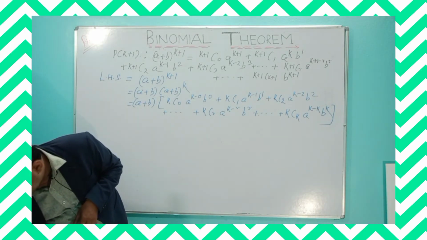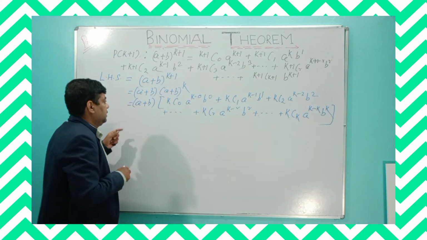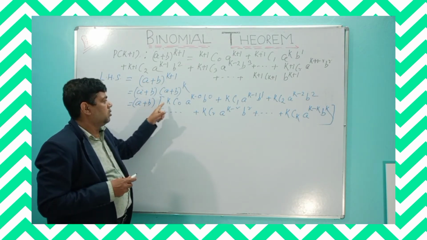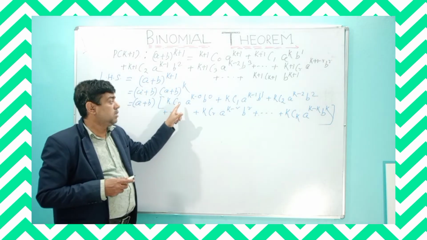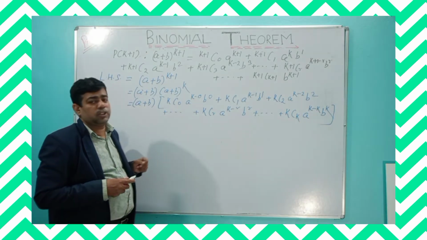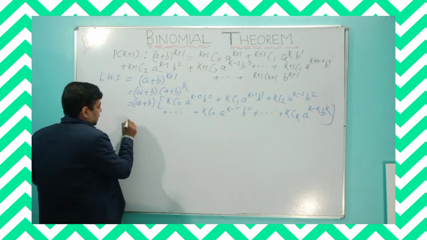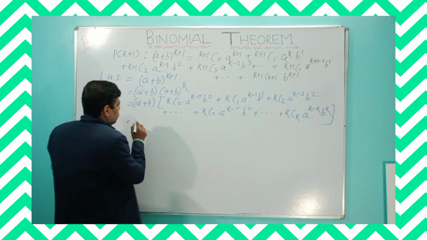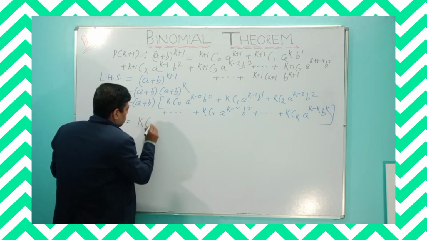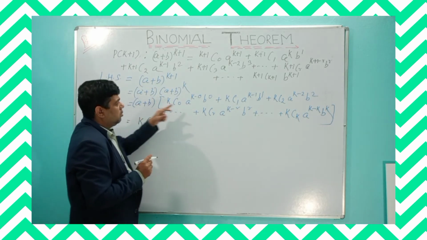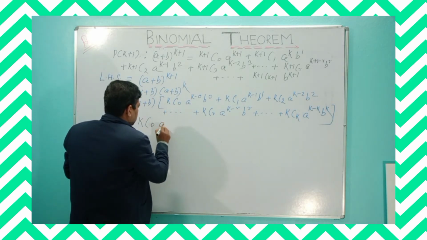Okay, now let's see. Let us multiply (a plus b) into the first term kC0, a to the power k minus 0, b to the power 0. Can you multiply a into kC0, a into a to the power k minus 0, which is a to the power k?